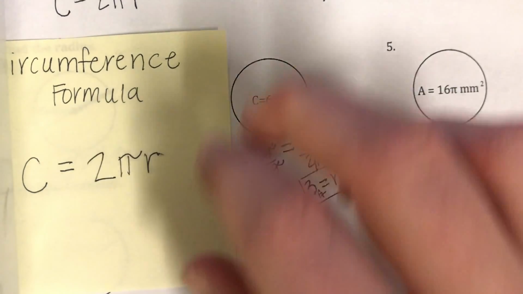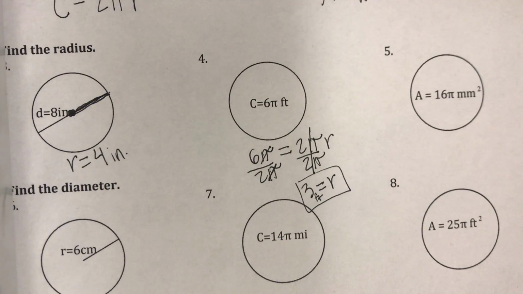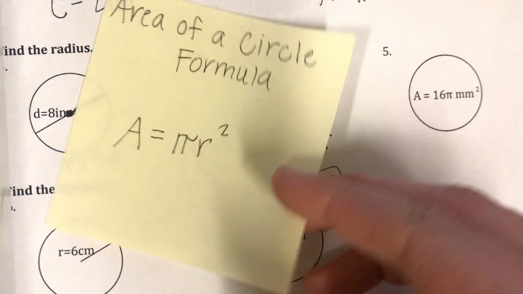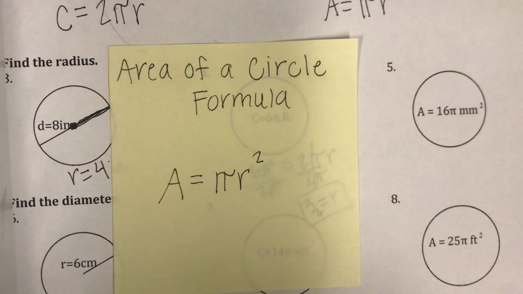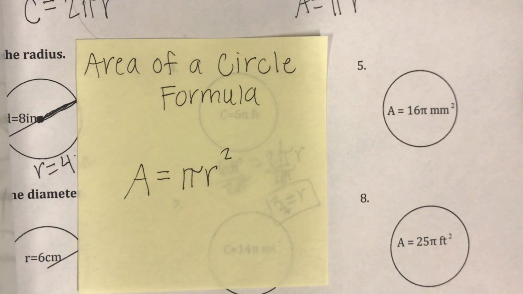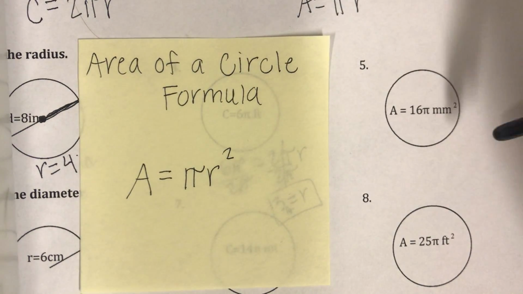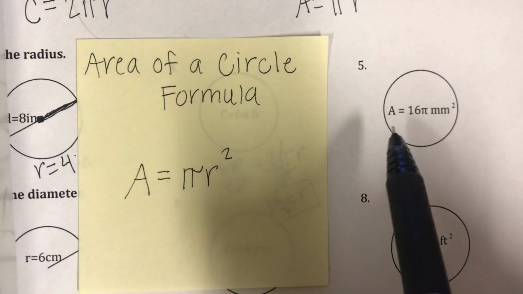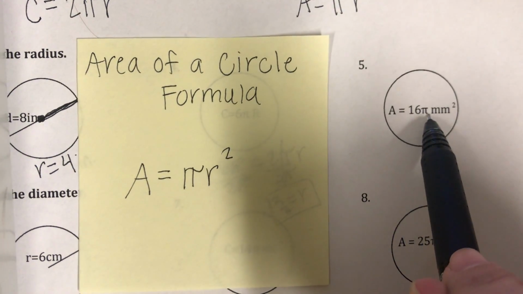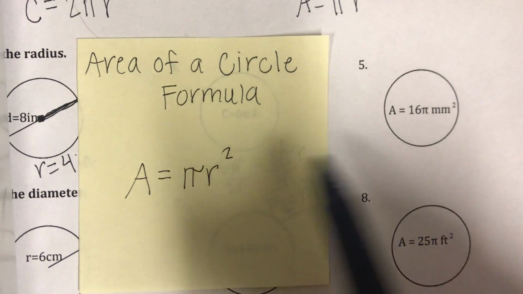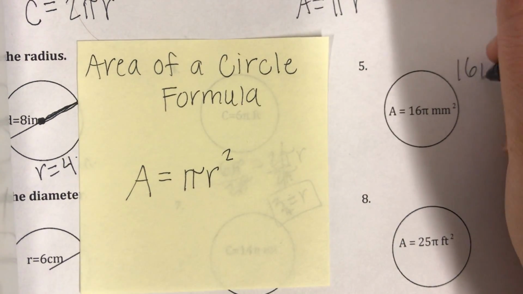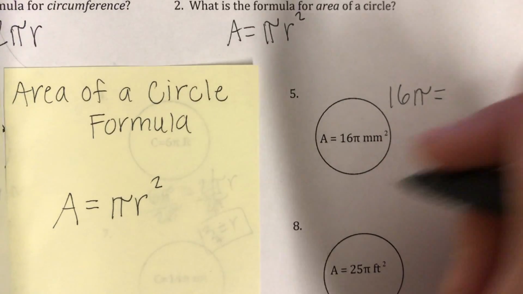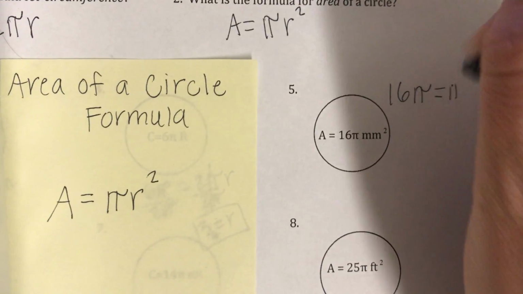Number 5 doesn't use the circumference formula. It uses the area. So here's my area formula, and I'm given that the area of this circle is 16 pi millimeters squared. So I'm going to plug, see how it says A equals 16 pi? That means I'm going to plug in 16 pi for A. So I put in 16 pi is equal to pi r squared.